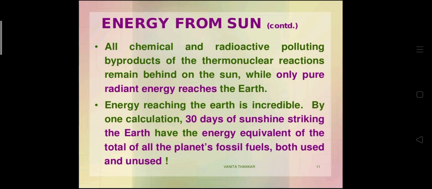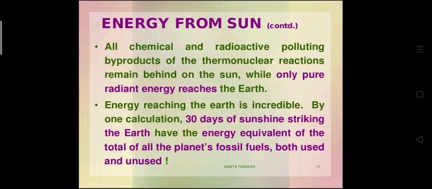All chemical and radioactive polluting byproducts of the thermonuclear reactions remain behind on the sun, while only pure radiant energy reaches the earth.